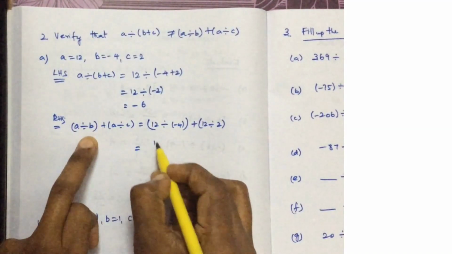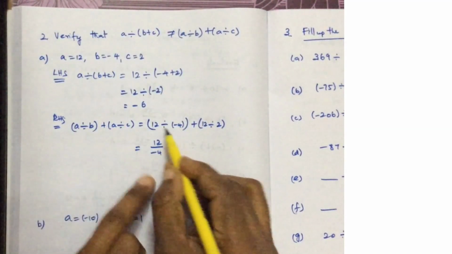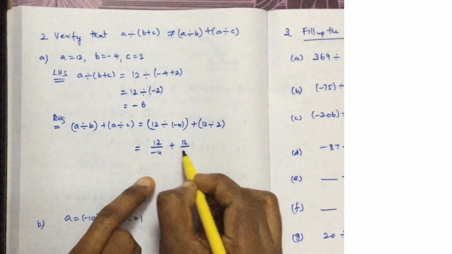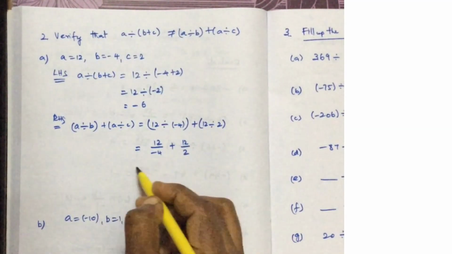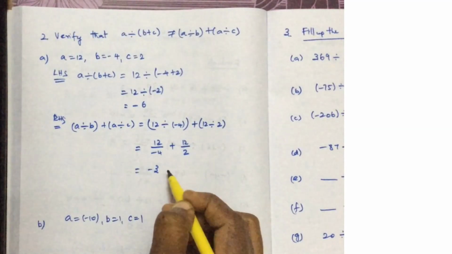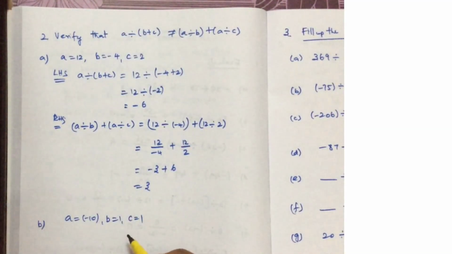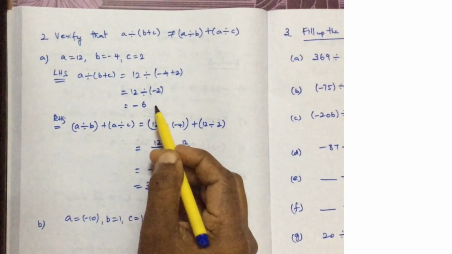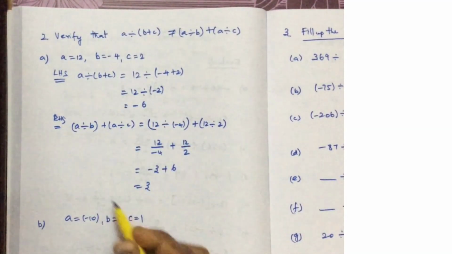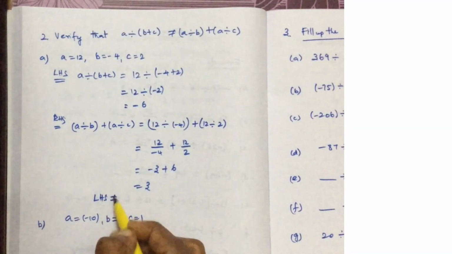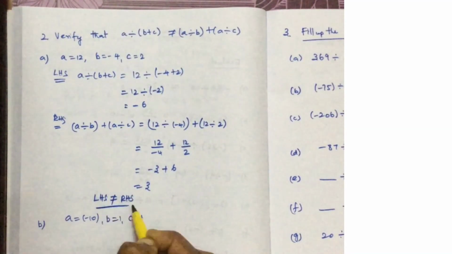So it is 12 divided by minus 4 plus 12 divided by 2. This is minus 3 plus 6, that is 3. Here you can see, here it is minus 6, here it is 3. So the left hand side is not equal to the right hand side.